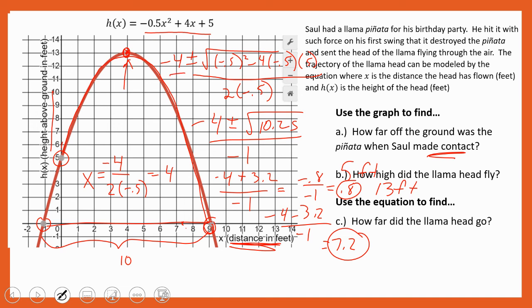Opposite of b, b squared minus 4 times a times c. So let's just punch it in our calculator again to make sure it's right.